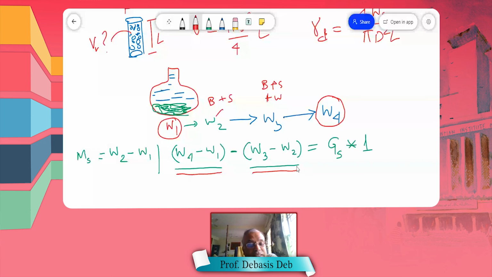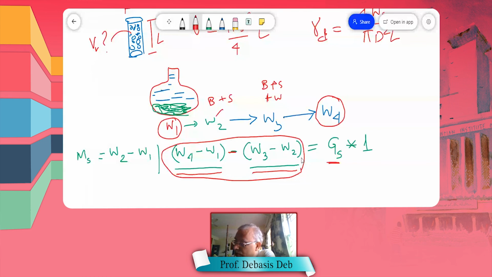This is the total, and when I subtract that, it gives me the weight which is filled by the solid, that is, the weight of the water we would get if it filled that particular solid volume space.